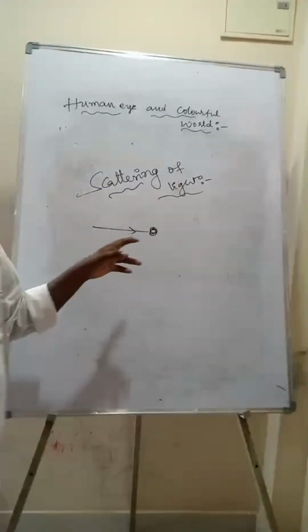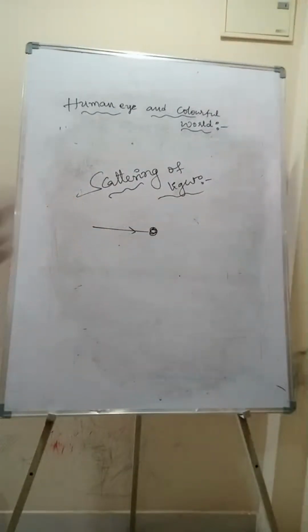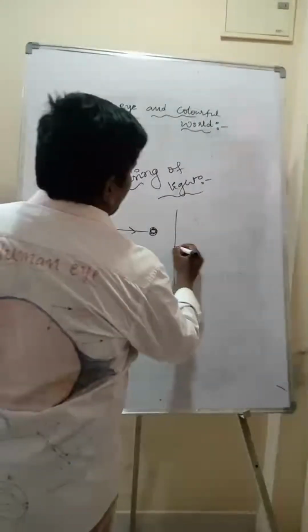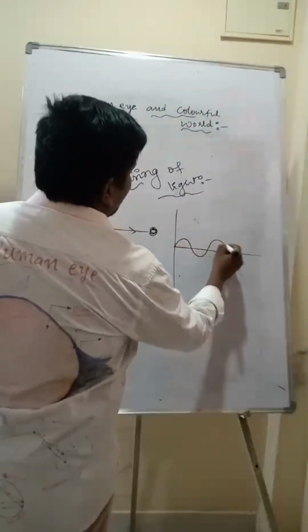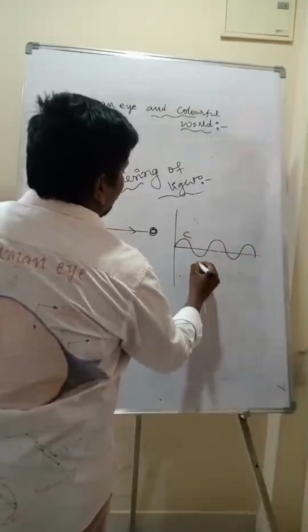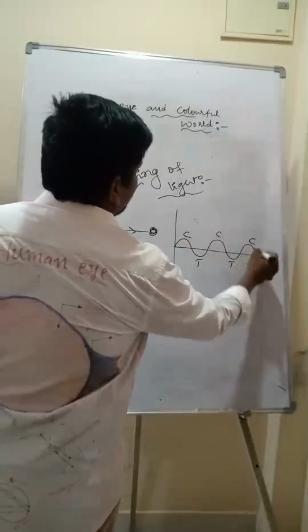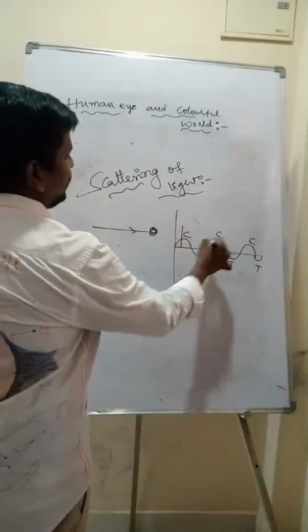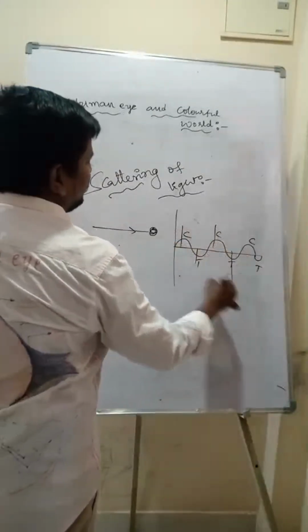Here I am considering a wave like this, with crest, trough, crest, trough. The distance between two consecutive crests or two consecutive troughs is called wavelength.